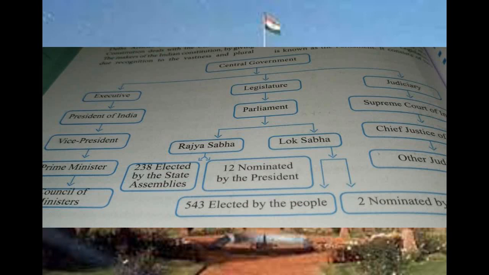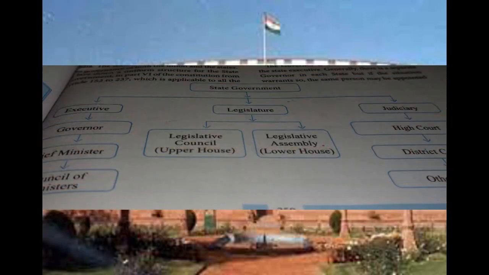Like the CM, the Chief Minister, the leader of the majority party in the Legislative Assembly is appointed by the Governor. The other ministers are appointed by the President on the advice of the Prime Minister. Like in the state, the other ministers are appointed by the Governor on the advice of the Chief Minister.